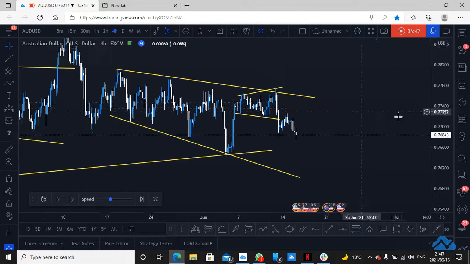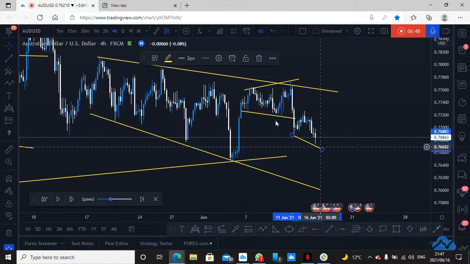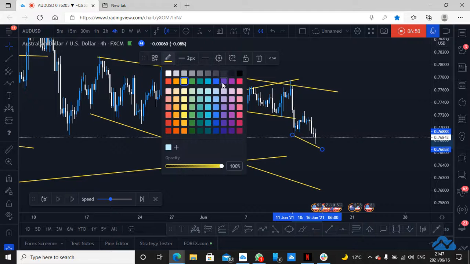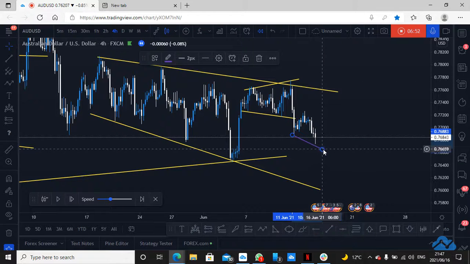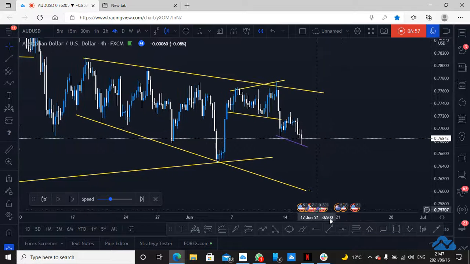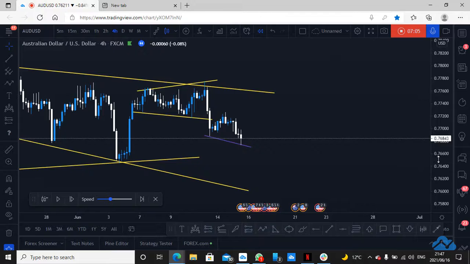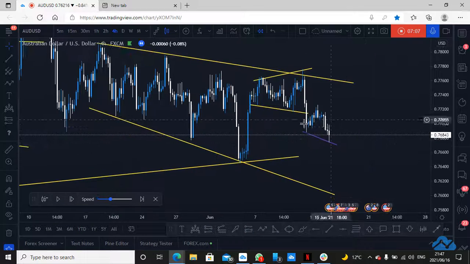Okay, so this is what I was actually looking at a few days ago. I was looking at this bit of price. This is where I was currently, and then I was looking at this bit of price, guys. We didn't make another high yet, so I wasn't sure what was going to happen at this point.